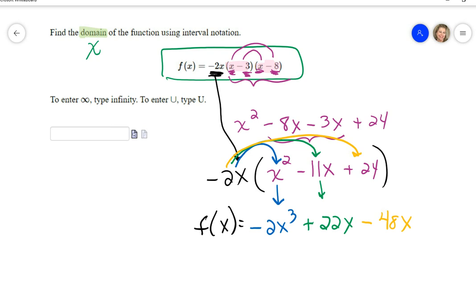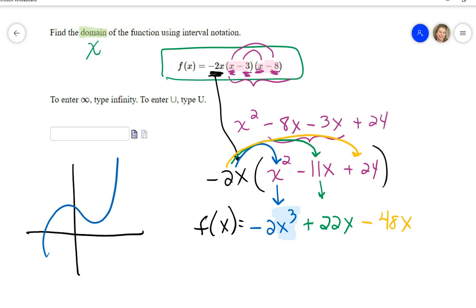Now, that is a polynomial function. When you have a polynomial function where the highest exponent is an x cubed, this is a cubic. And in general, and I'll do this in blue, a cubic kind of has an S-shaped look to it.